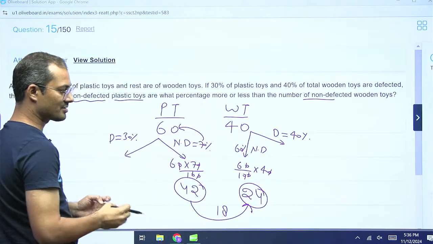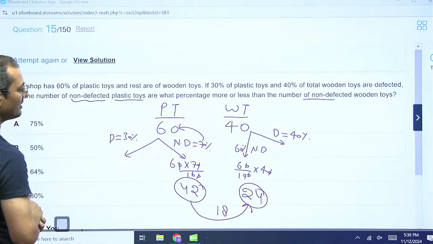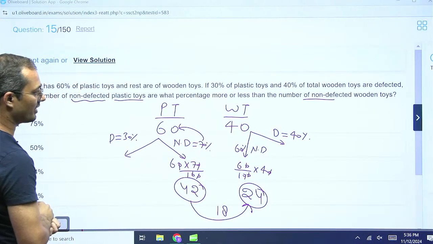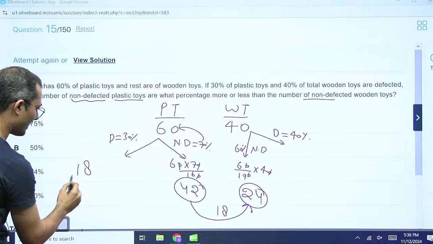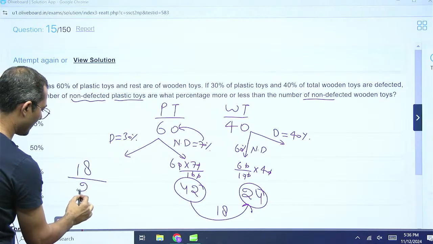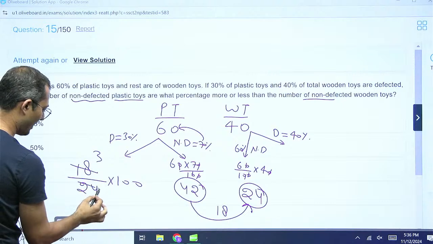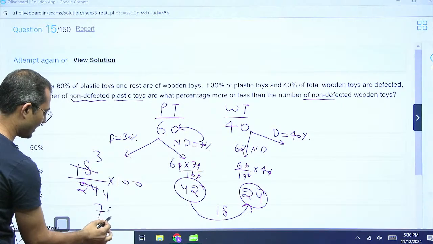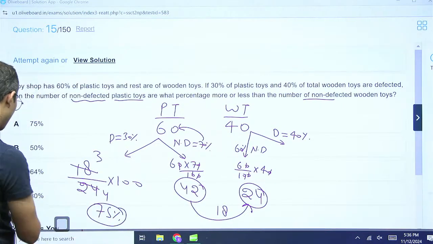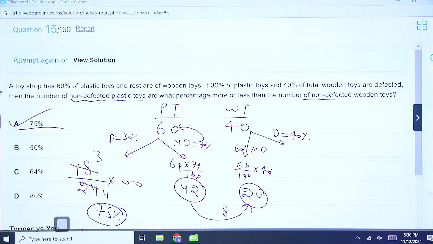So what is the question asking? 18 is what percent of 24, into 100. By 6 this is 3 times, by 6 this is 4 times. So 75% is the right answer. A part is the right answer.